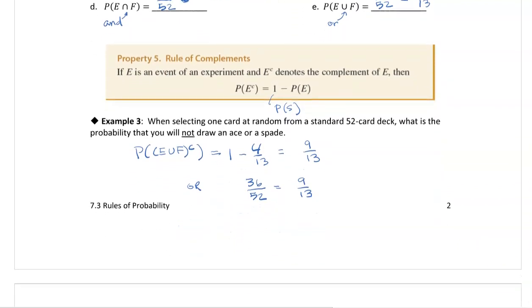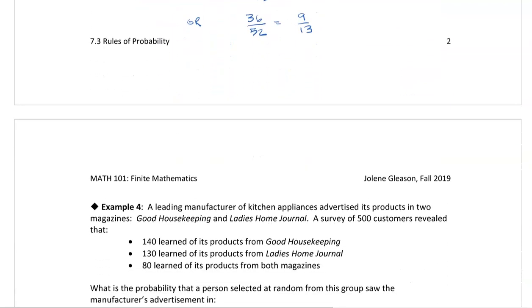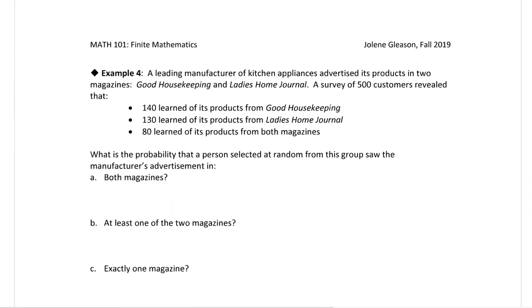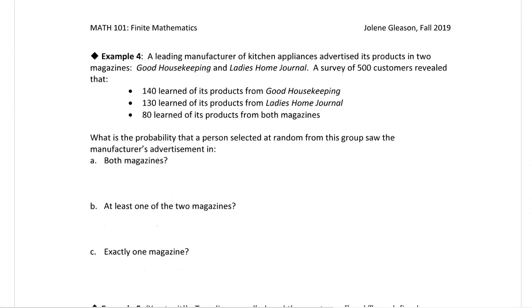All right, so let's keep going here. Here's just another example. And again, this should look very familiar because this looks like the type of problem we were doing in Chapter 6, in Section 6.2, when we were looking at the number of elements in a set, right?